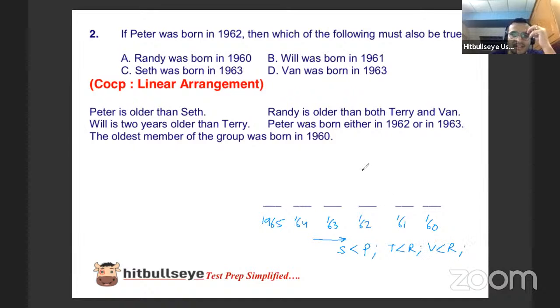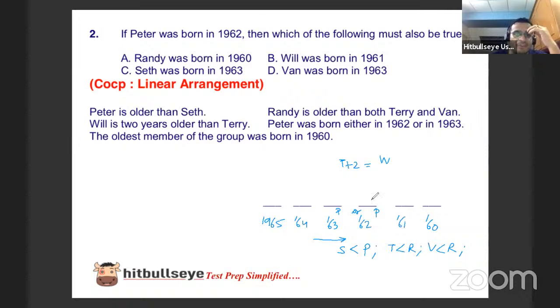What else? Will is 2 years older than Terry. So can I say T plus 2 is equal to Will? Peter was born either in 62 or 63. So either P will come over here or P will come over here. Oldest member, 1960, covered already.